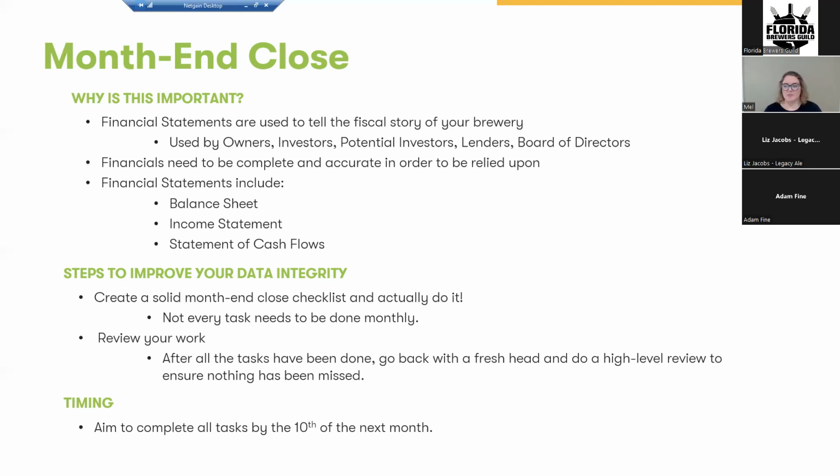Okay, so steps to improve your data integrity. Creating a solid month-end close checklist is big, but the more important thing is actually following through with it, sticking to it, and actually doing the tasks. Why do I say monthly or quarterly? You can have a mix of both. Breweries tend to operate very lean, and typically you don't have the resources to invest really in accounting.